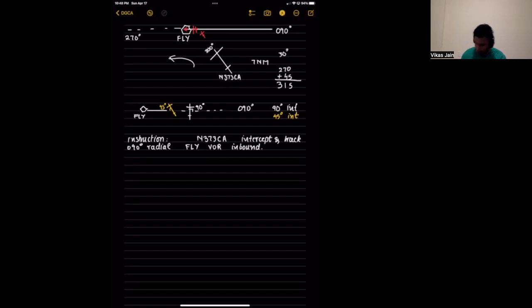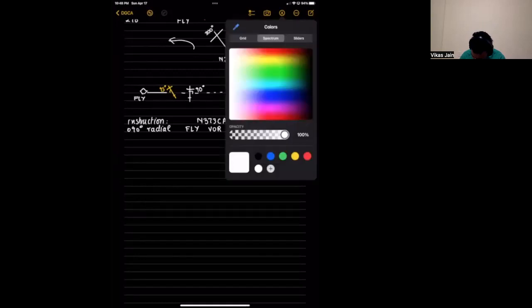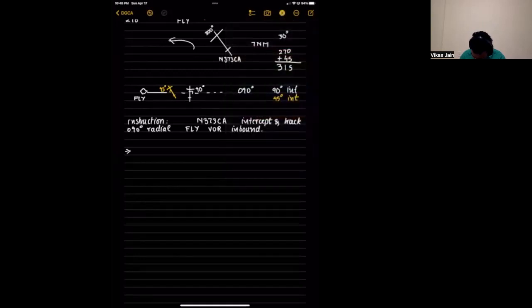This is your instruction from ATC. So what your correct course of action will be: turn to a heading of 315 degrees.